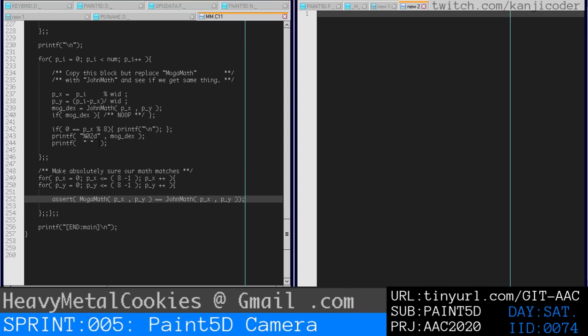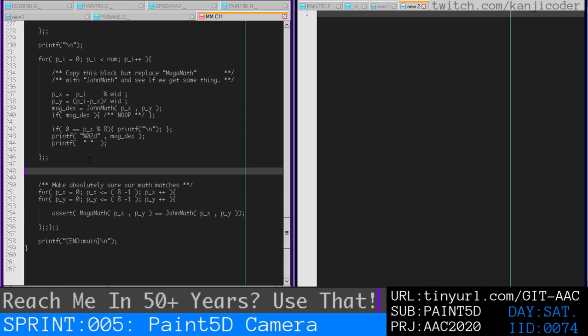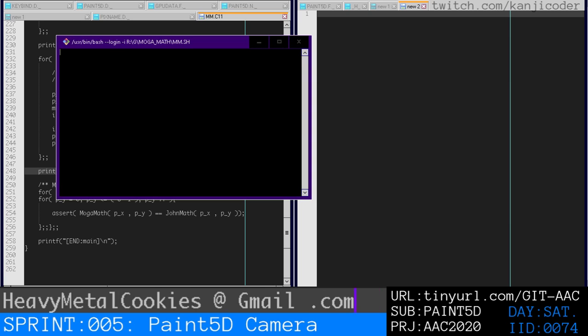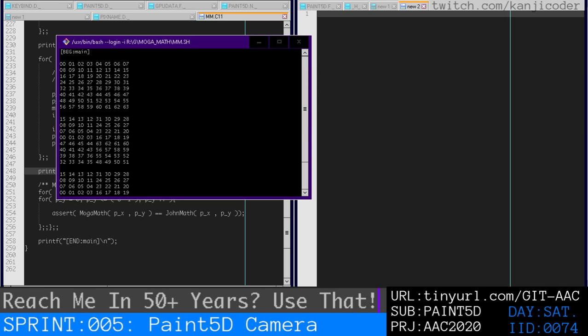So now, let's just do a printf, newline. And let's label this stuff.